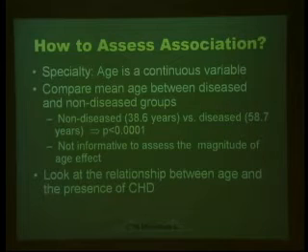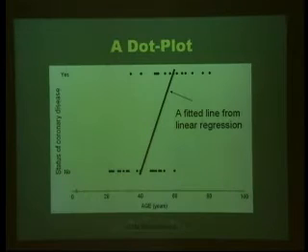So what we would like to do is build a relationship between age and the presence of CHD, the disease. How do we do that? In order to build a relationship, we usually get a graph to see what happens.